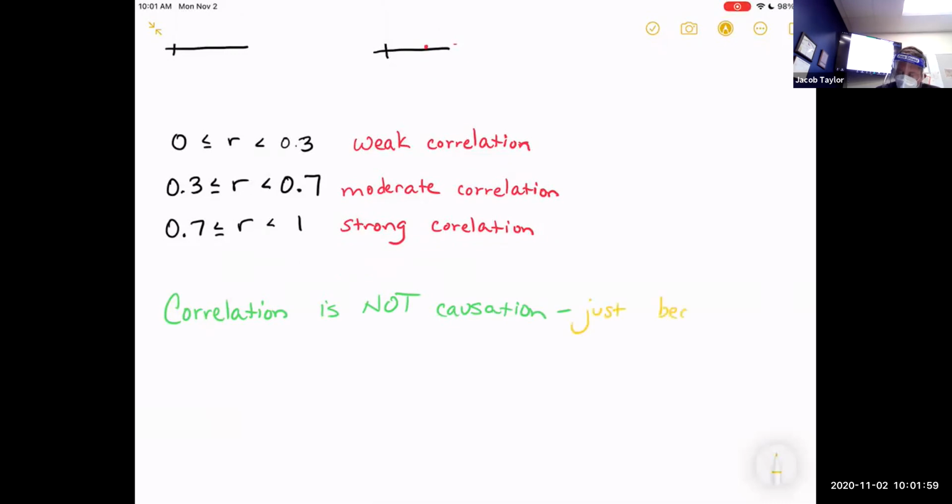Just because two things are correlated does not mean one causes the other.